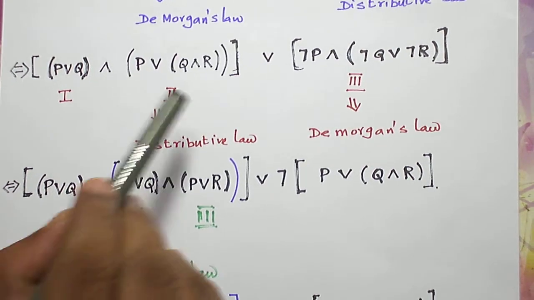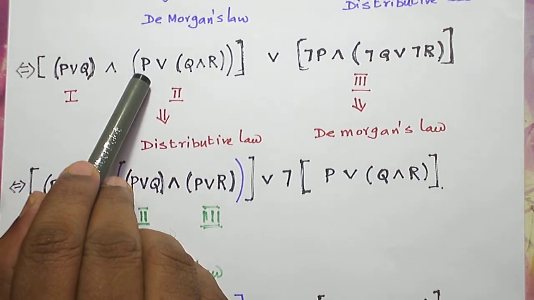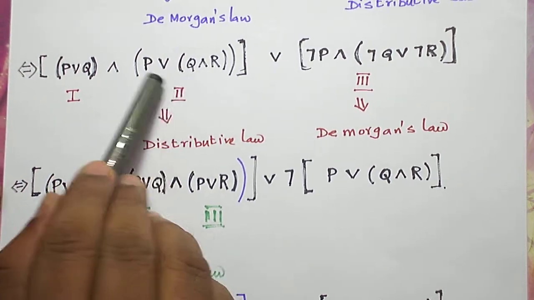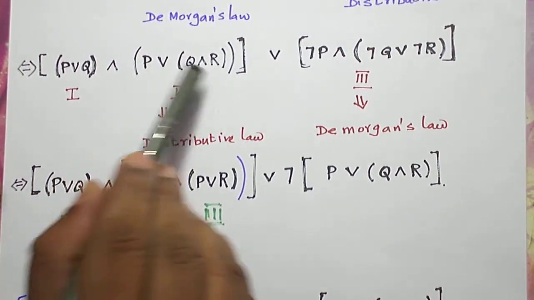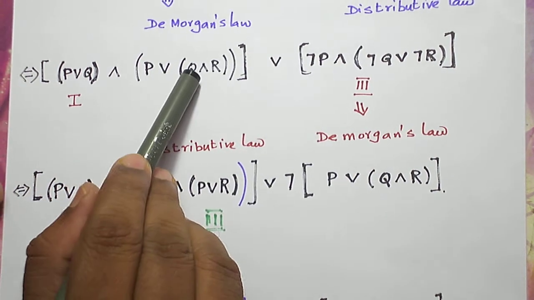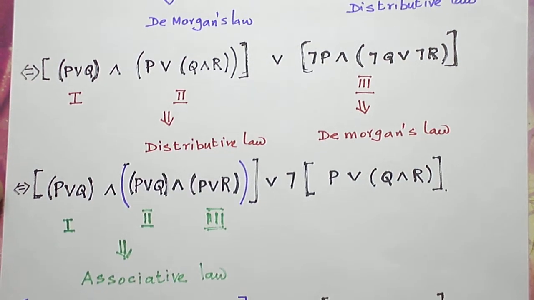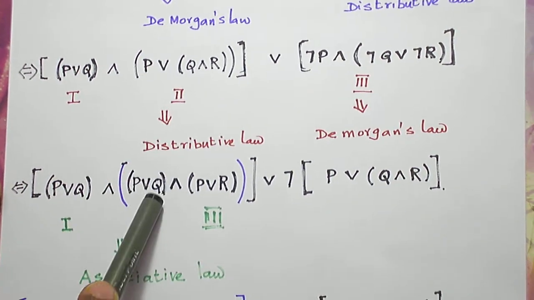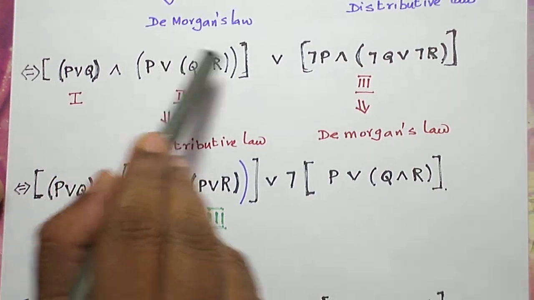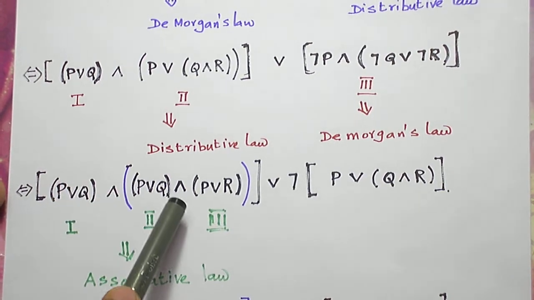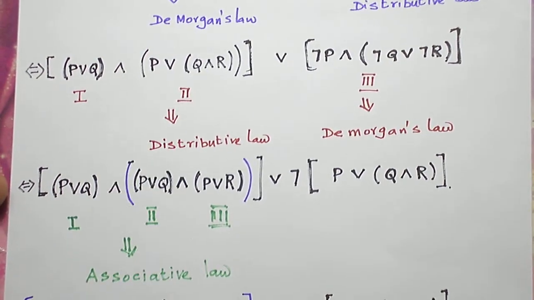How we are going to apply distributive law? Just like multiplying P inside the bracket. When we multiply P inside the bracket, what do we have? P into Q plus P into R. So P OR Q and P OR R. This is how we are going to apply distributive law in the next step.